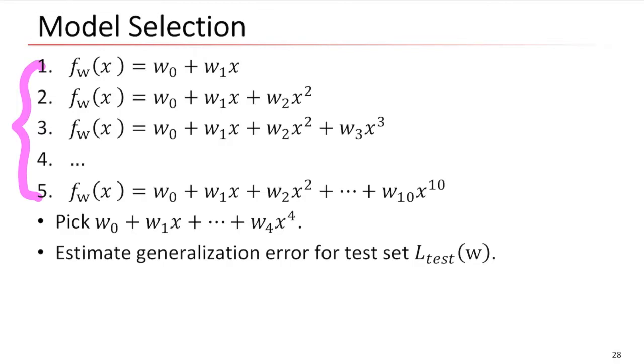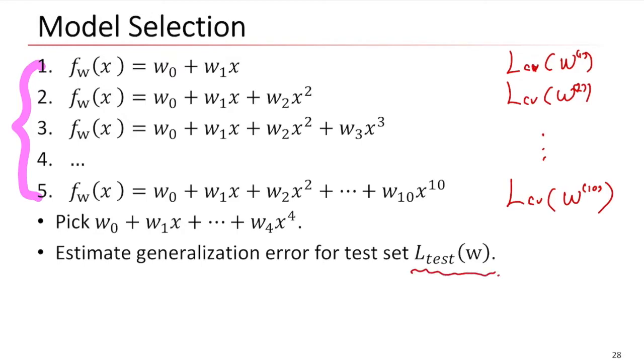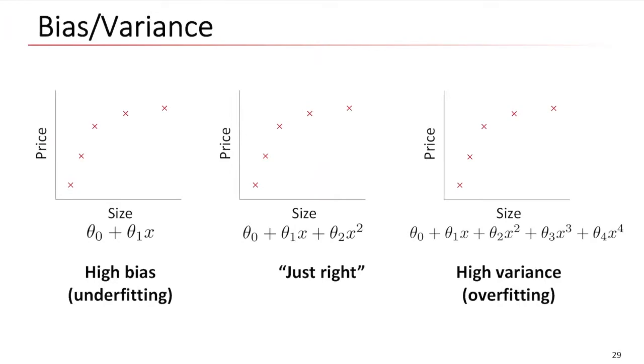Now we can measure the error on the cross-validation set, using the red color, like this, and then estimate the generalized error for the test set. This is a more efficient way to see the generalization power. This is called model selection.